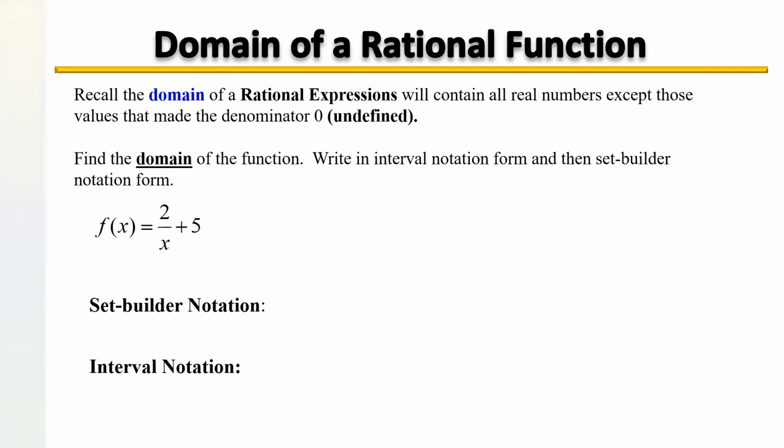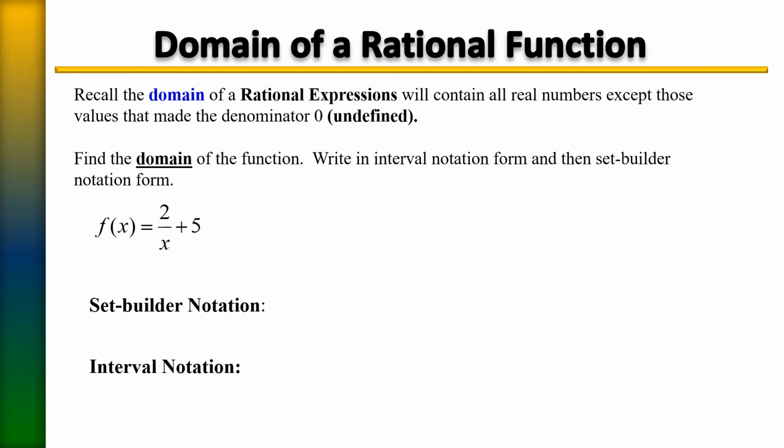Here we're asked to find the domain of this function. Recall that the domain of a rational function will contain all real numbers except those values that would make the denominator 0 or undefined. So in this function, the only number that would make the bottom undefined is the number 0.